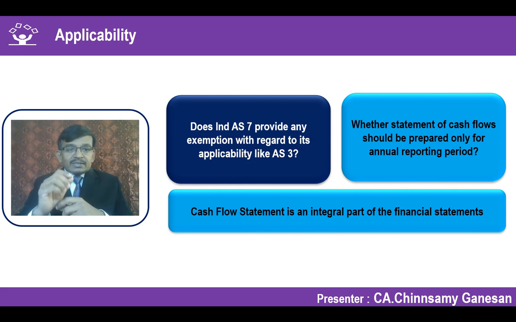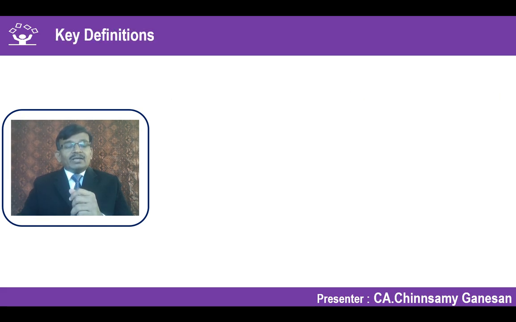It is only a disclosure standard and not an accounting standard. Anything which is arising out of preparation of the cash flow statement is not going to affect the position of the balance sheet as well as the position of the profit or loss for the particular year. So that is the reason why Ind AS 7 is considered as a disclosure standard rather than an accounting standard. Having seen the applicability, let us look into some of the key definitions we have to consider.